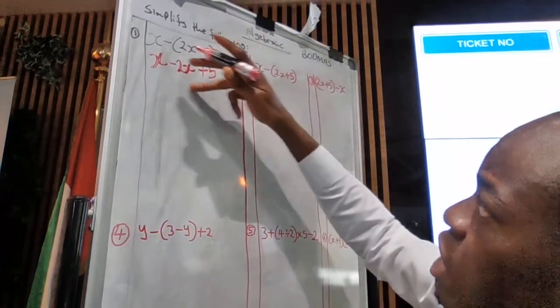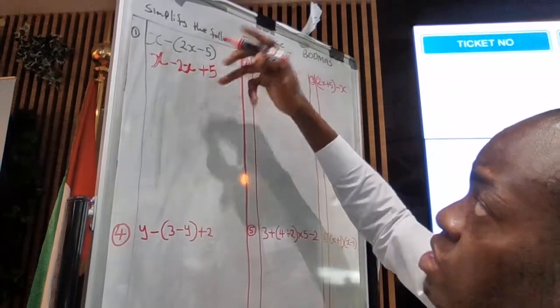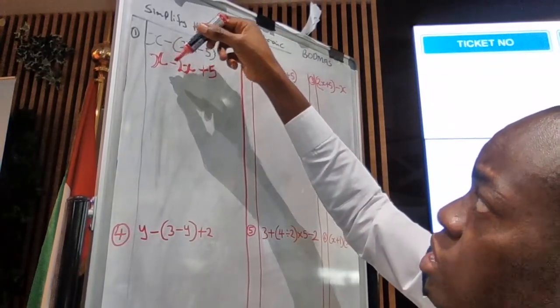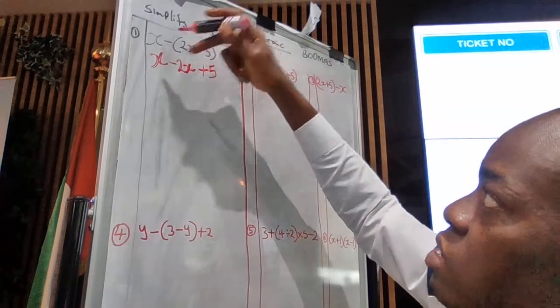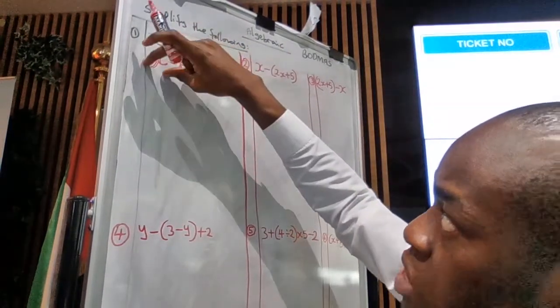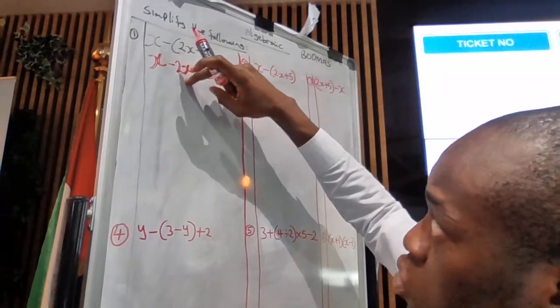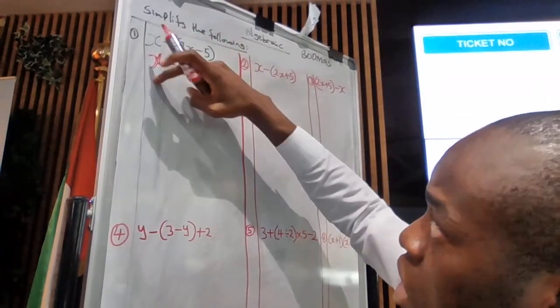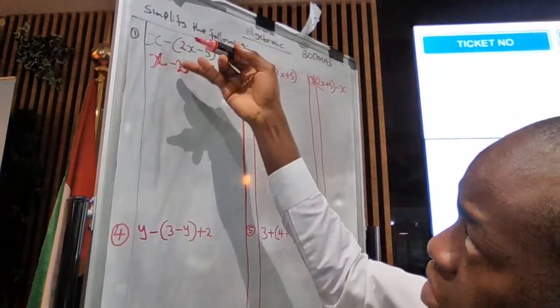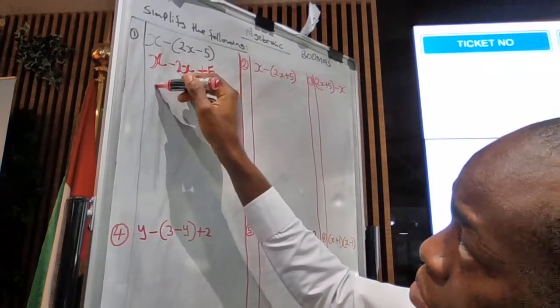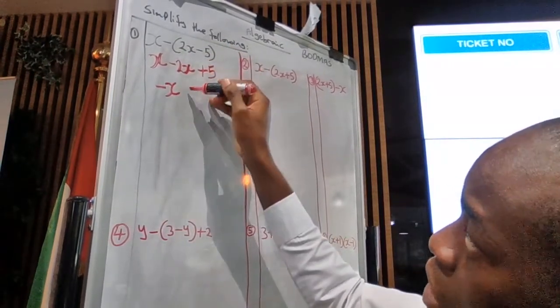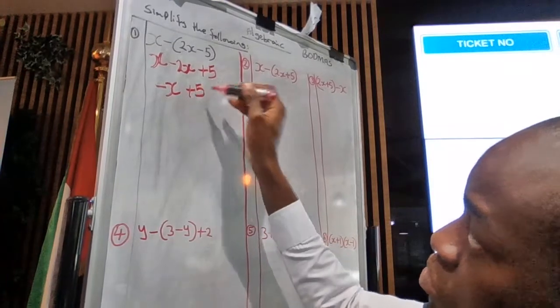So from here we've opened the bracket. The next step is x minus 2s. This one is 1s, this one is minus 2s. They are like terms. We can solve this together, but this is a number, these are alphabets. Minus x minus 2s will give us minus s, then plus 5.